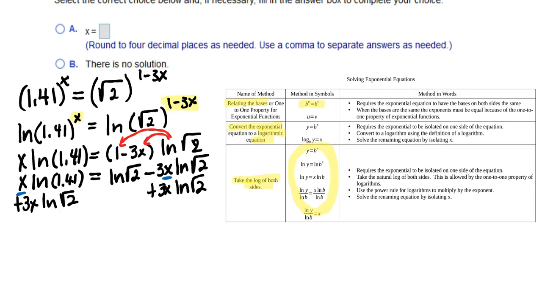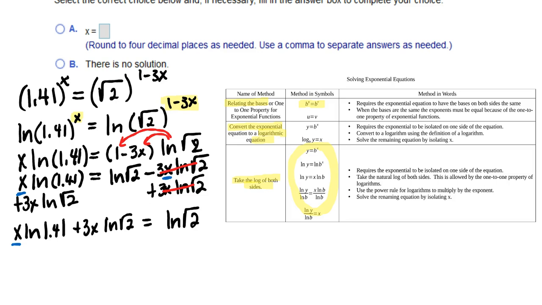Now these are not like terms, so I'm just going to write it out. x natural log of 1.41 plus 3x natural log square root of 2. On the right, those two will cancel each other out, and I only have natural log square root of 2.